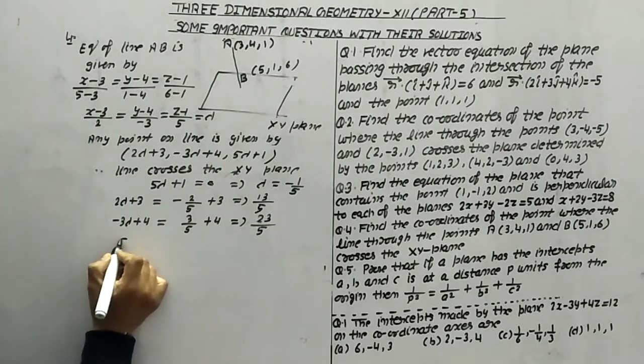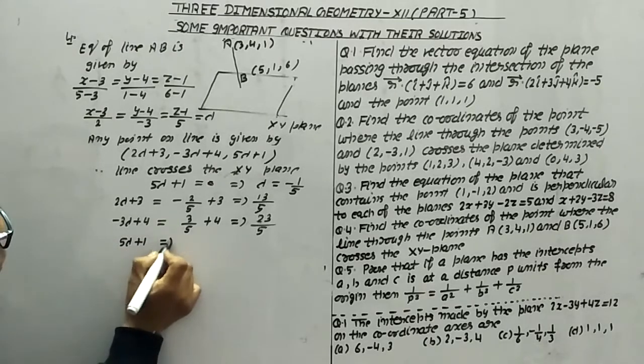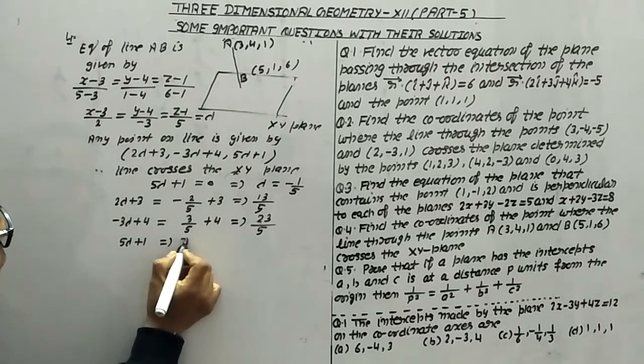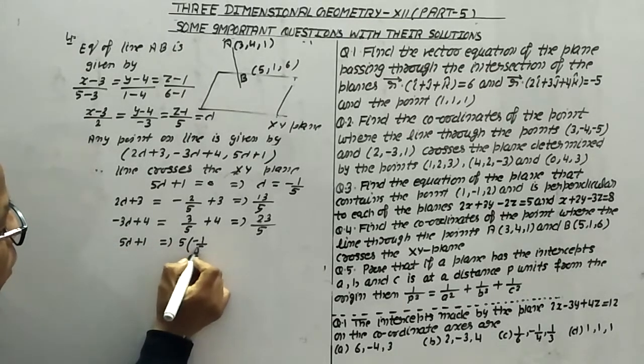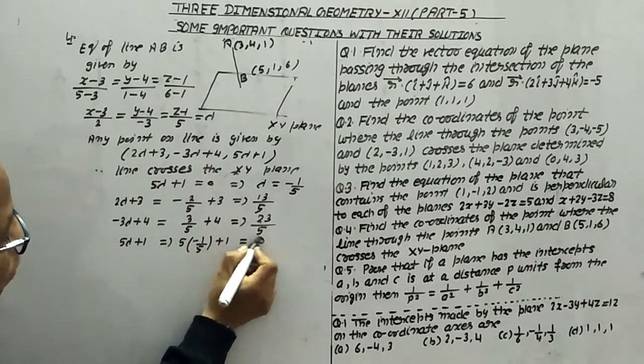And then the last coordinate is 5 lambda plus 1, which is 5 into minus 1 upon 5 plus 1, equal to 0.